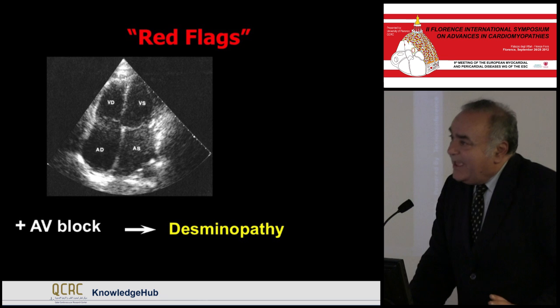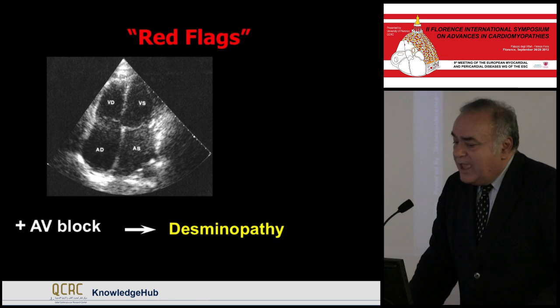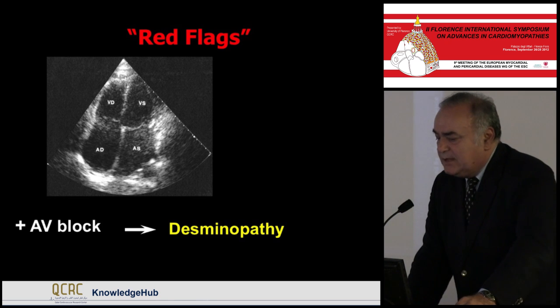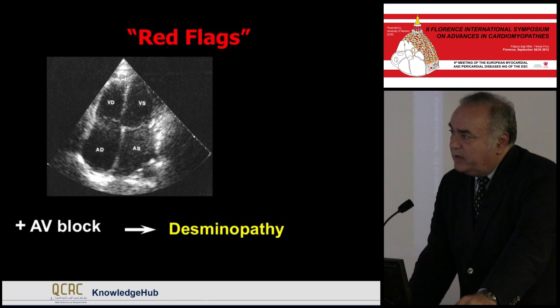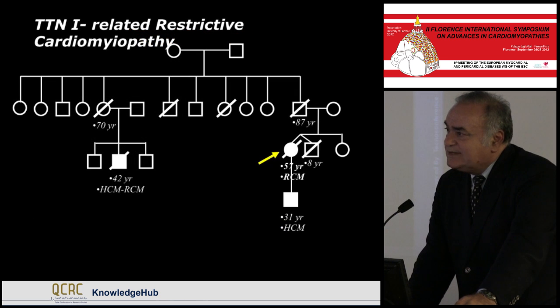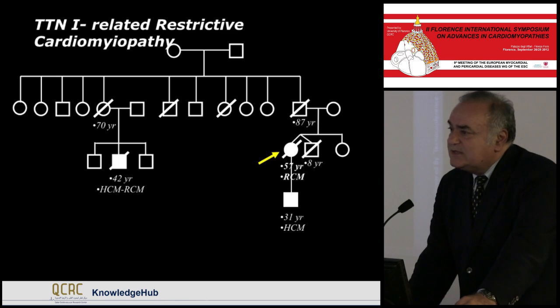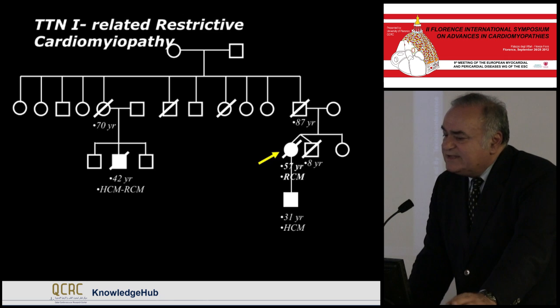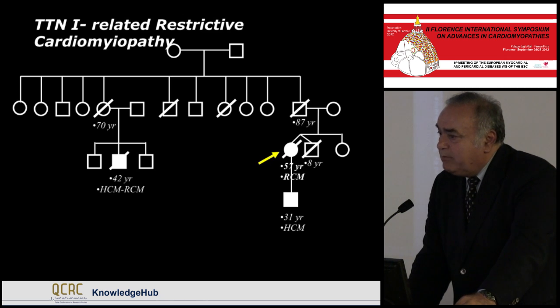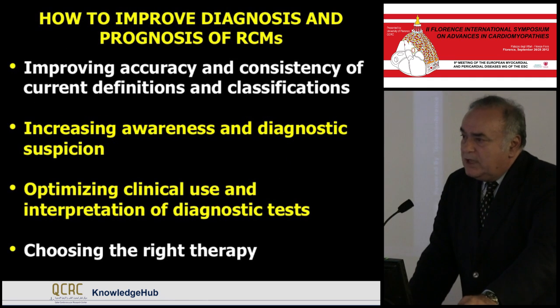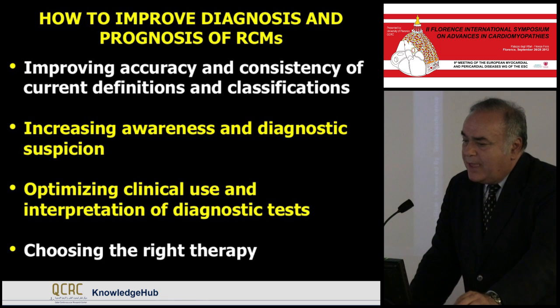There is an important red flag that the electrocardiogram can give you, and it is the presence of AV block associated with the restrictive phenotype; this red flag indicates a high probability of desminopathy. Another red flag in the family, but the family is the patient, as Philippe told us, is the presence of a mixed phenotype. When you are facing a mixed phenotype in the pedigree, probably the underlying condition is a sarcomeric-related restrictive cardiomyopathy.